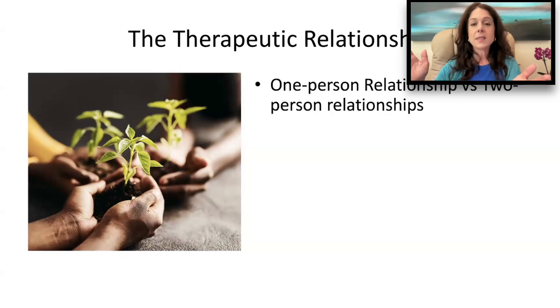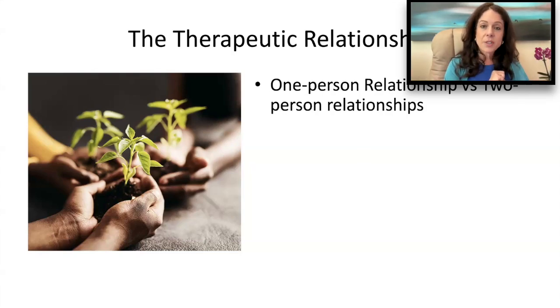They're a neutral blank slate, so the client can project onto them. They try to be super neutral, and the client's projecting onto them is how they're conceptualizing it. Versus two-person relationships: starting with object relations and everything that came after that, they are conceptualizing it as a two-person back and forth relationship, in the more traditional way that most other schools of psychotherapy consider the therapeutic relationship.